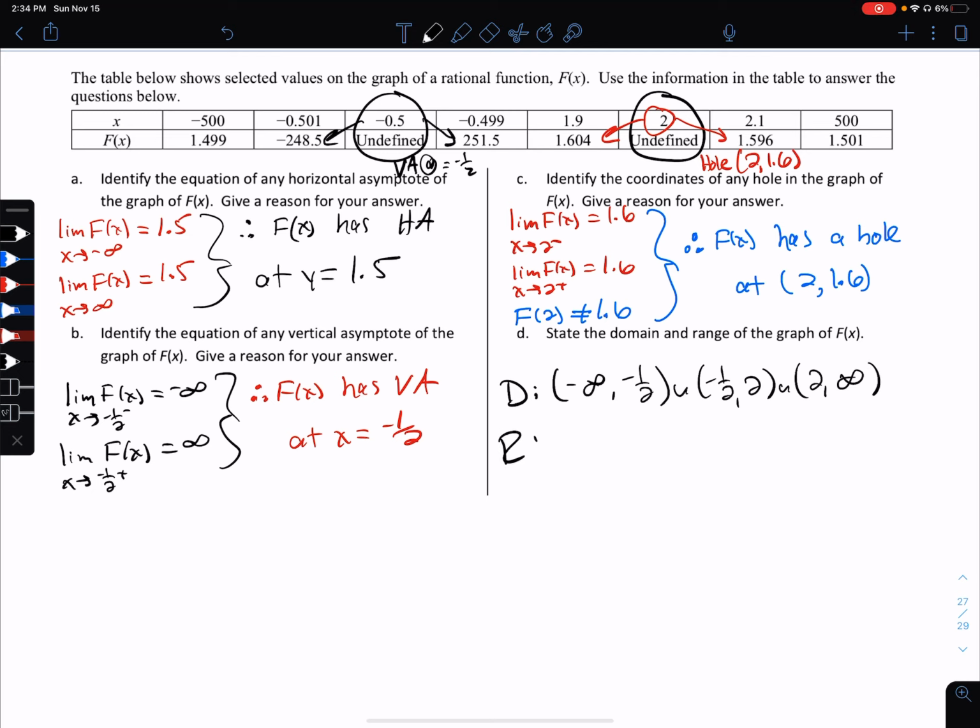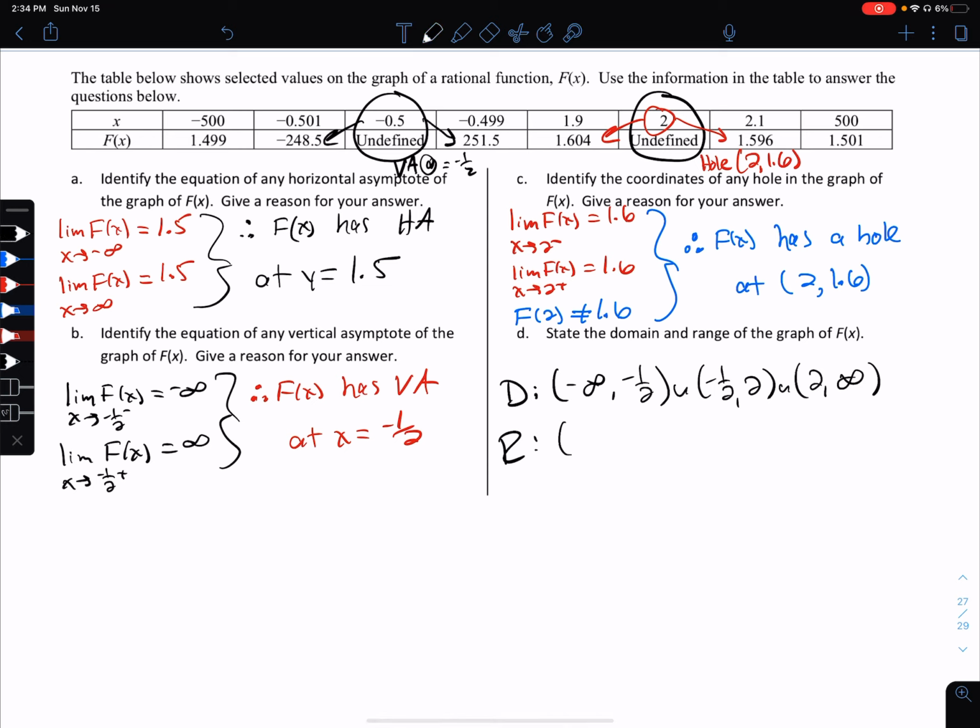The range, we're assuming the range is everything except for the y value of a horizontal asymptote and the y value of a hole. Here's the y value of a horizontal asymptote. Here's the y value of a hole. So they're super close to each other, vertically speaking.